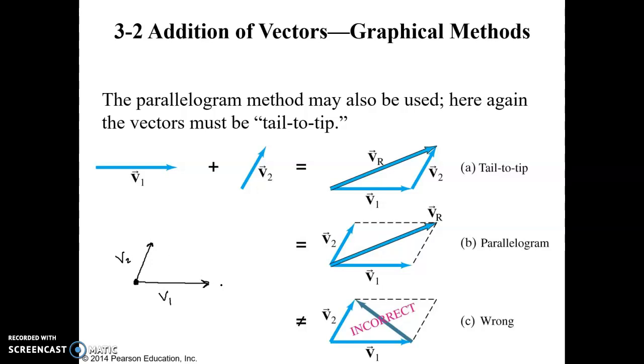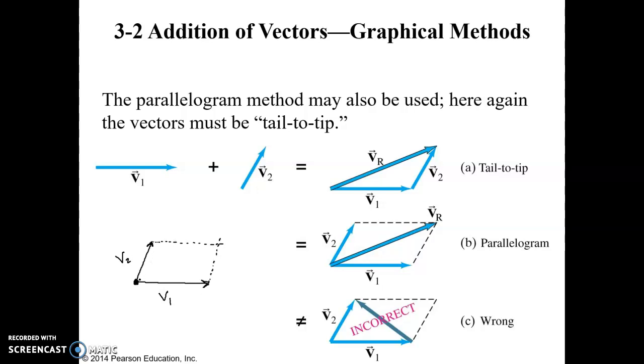If we were to come over to the tip of V1 and draw a dash that's parallel to V2, and then we do the same thing over here. We come to the tip of V2 and we draw a dashed line that's parallel to V1. We end up with a parallelogram.